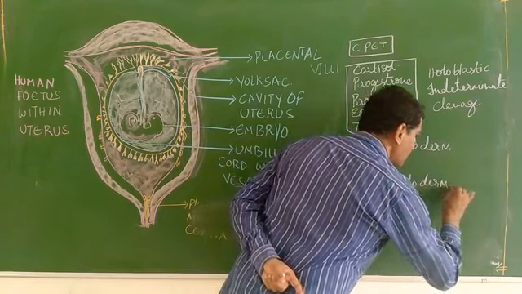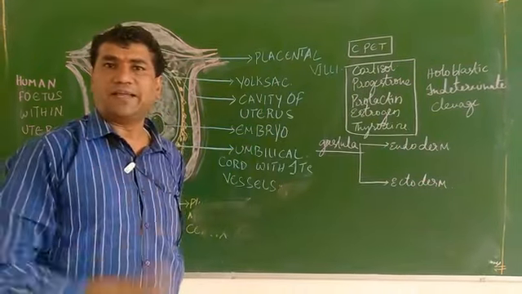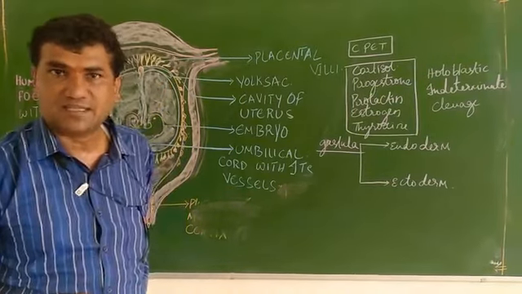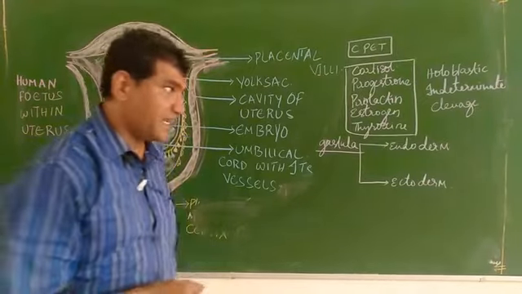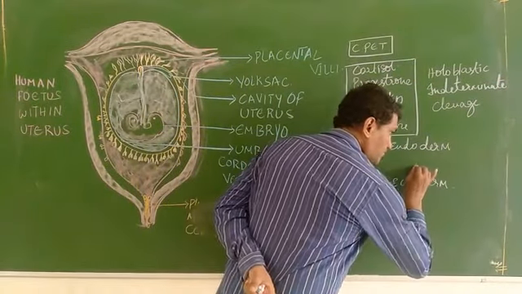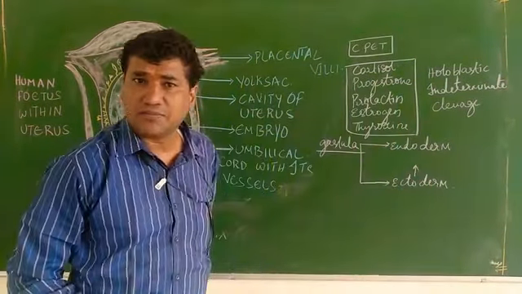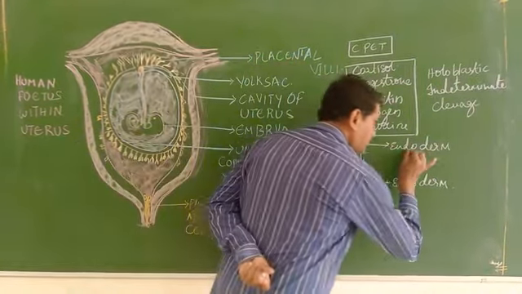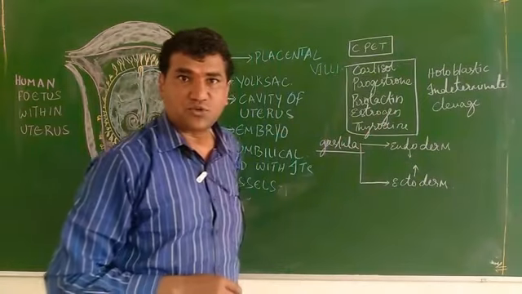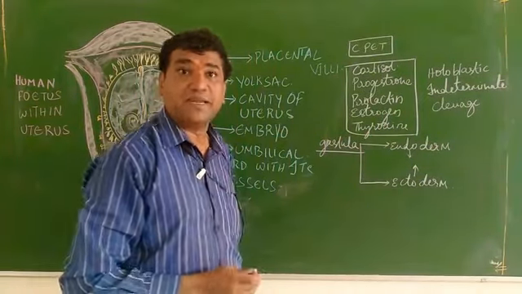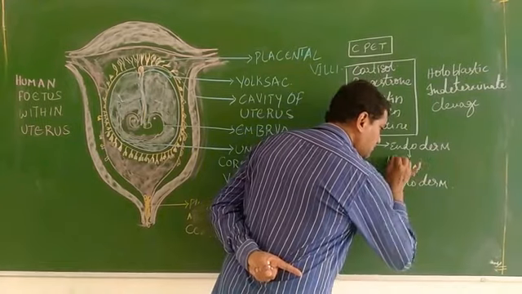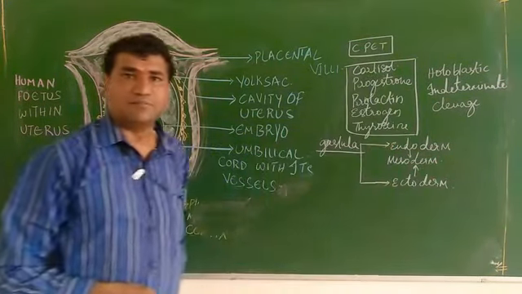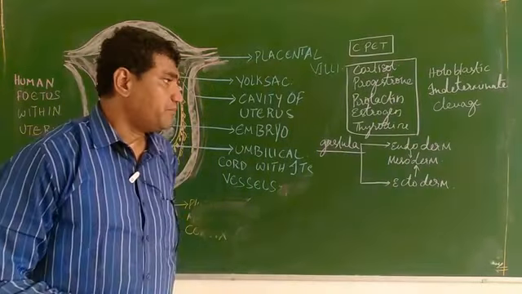Endoderm and ectoderm are formed from the two layers of the innermost cells. In later stages, some part of the ectodermal cells and some part of the endodermal cells fuse to form the third germinal layer, called mesoderm.